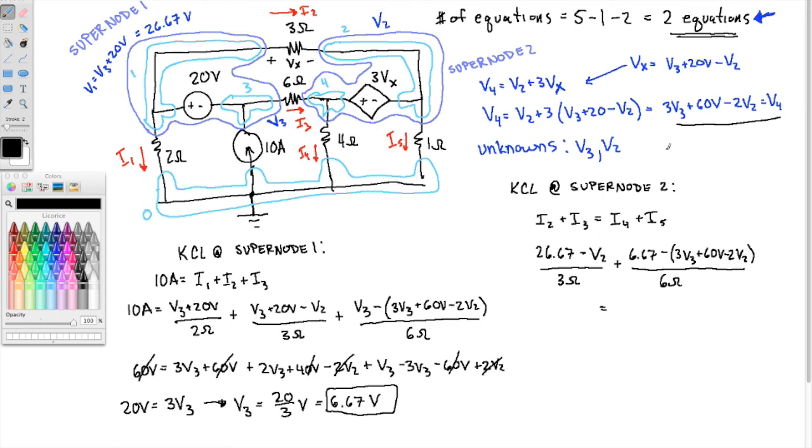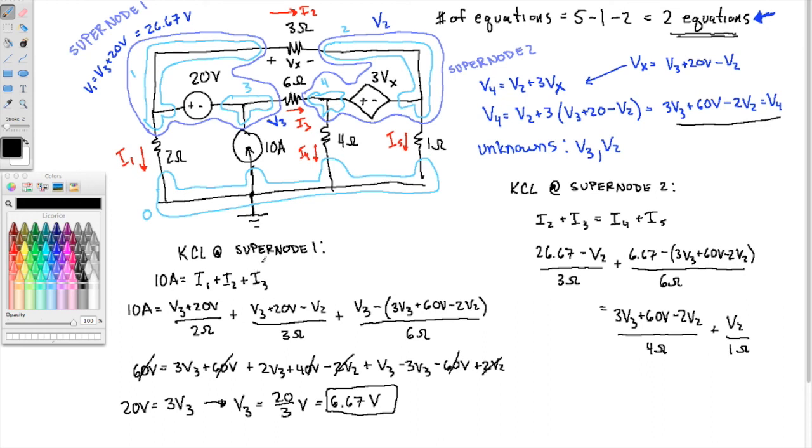So V4, but V4 is this thing, 3V3 plus 60 volts minus 2V2 over 4 ohms. And then I5 is the voltage here, which is V2, which is our unknown, over 1 ohm.